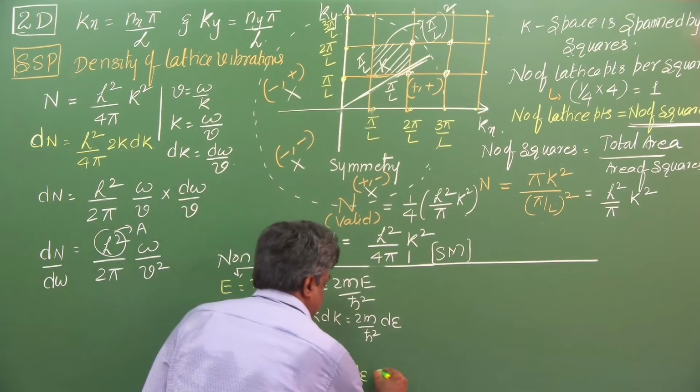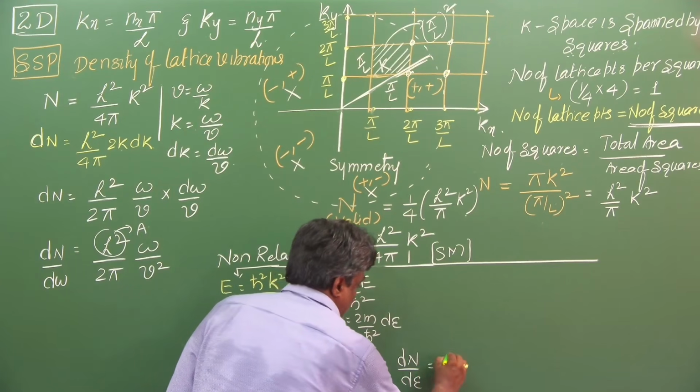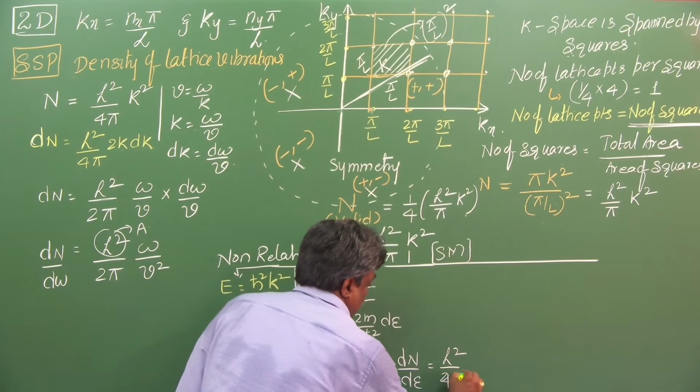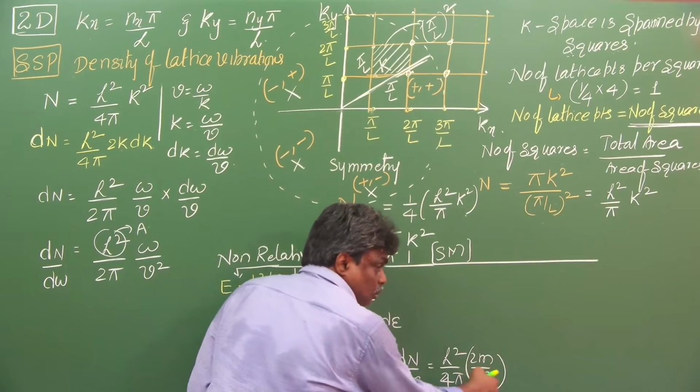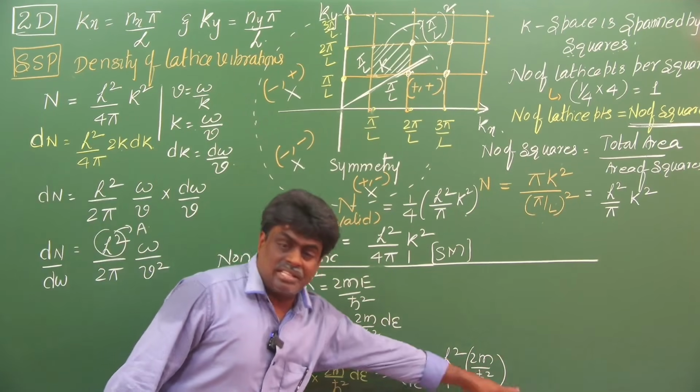That implies dn by dE equal to L square by 4 pi into 2m by h cross square. Don't change this 2m by h cross square, keep it as it is. Any energy?